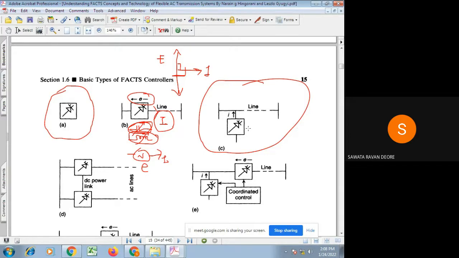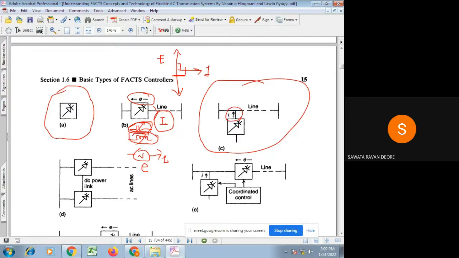And in principle, this shunt fast controller injects current into the transmission line.